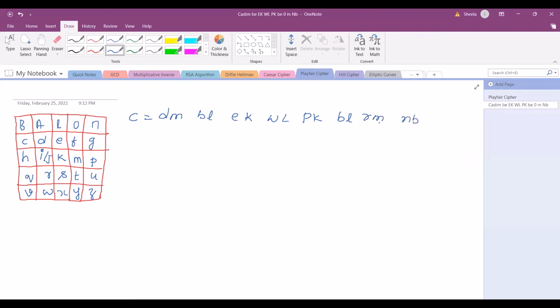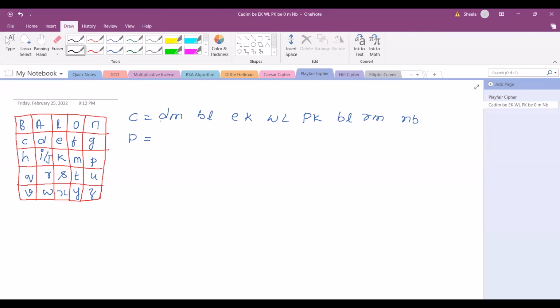This is the ciphertext. Now I want to get back the plain text. So in order to get back the plain text, what do we have to do? Whatever process we did for getting the ciphertext, we have to do the reverse process.